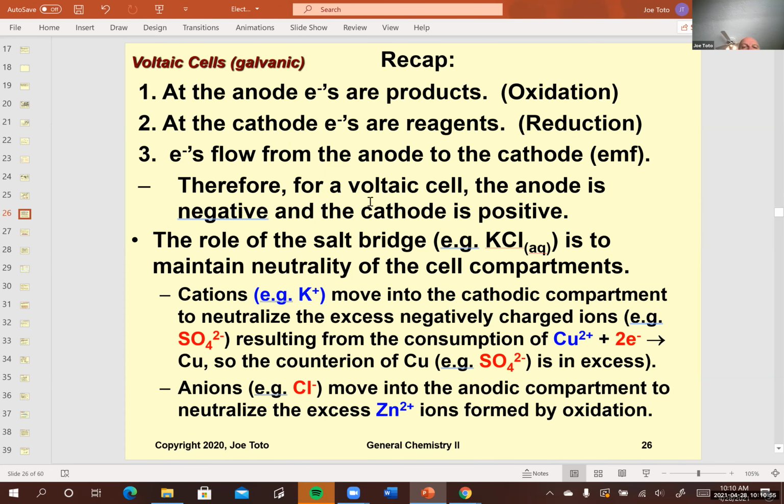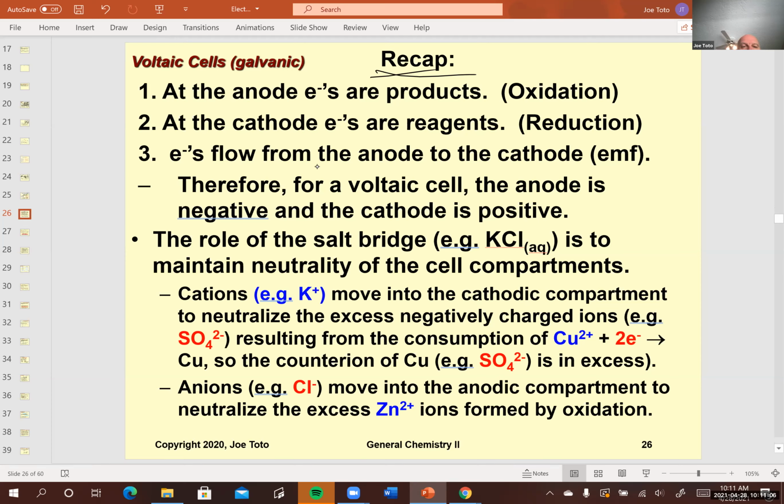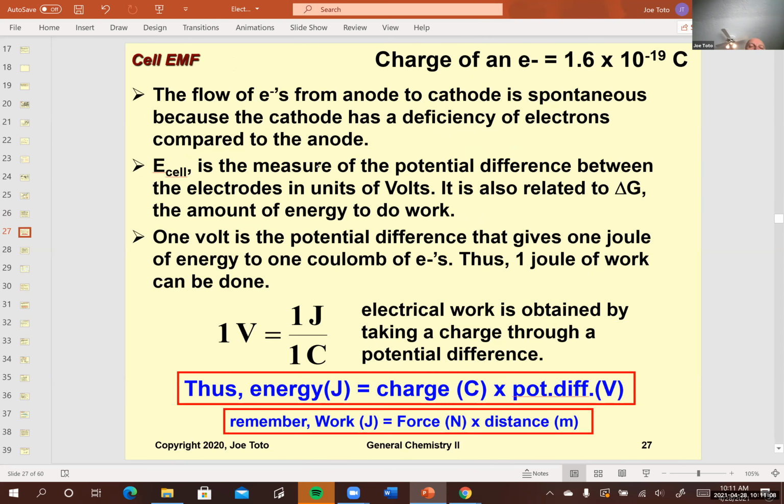So here are some of the things that you can read over and think about. Recap. For this one, we know that the electron has a charge of 1.6 times 10 to the minus 19 coulombs. That was from the Millikan oil drop experiment, you'll recall from Chem 200.